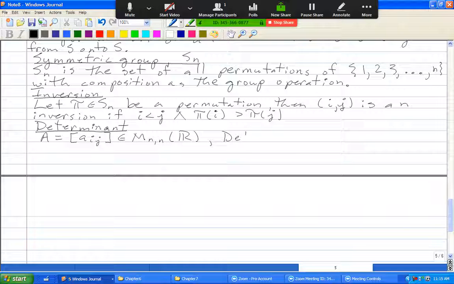So the determinant is some function from these square matrices to the reals, defined by the following.